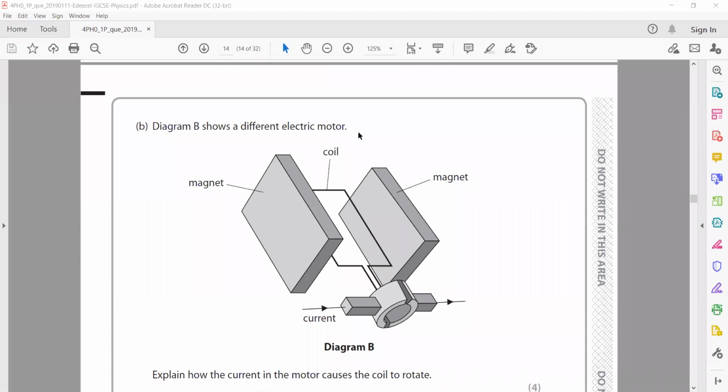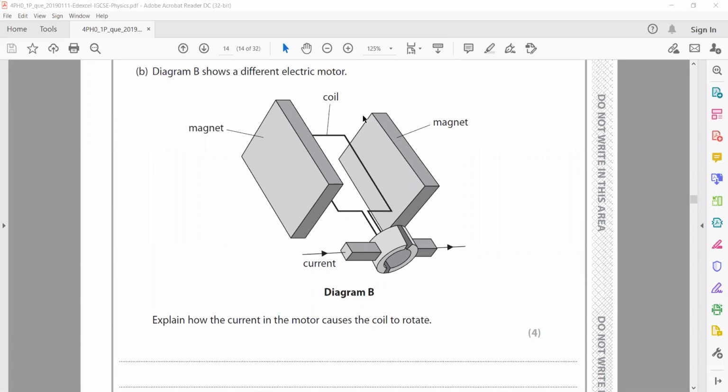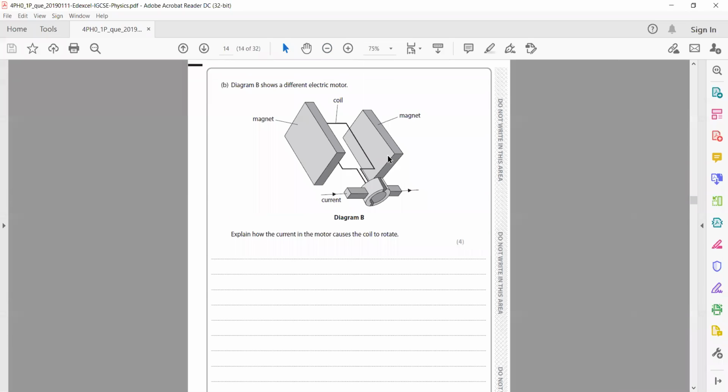The diagram B shows a different electric motor. Explain how the current in the motor causes a rotation. So current passing through the wire produces a magnetic field.